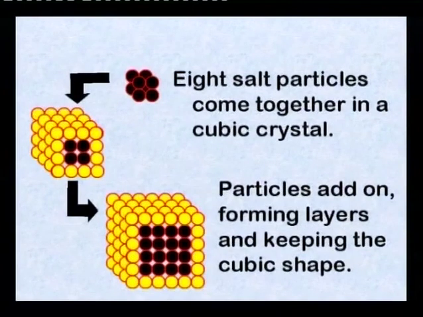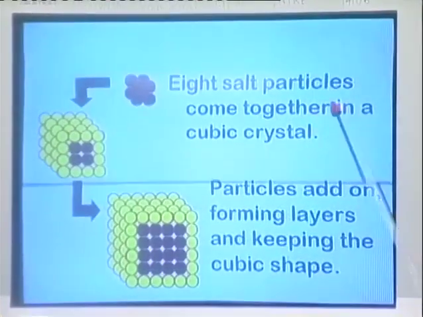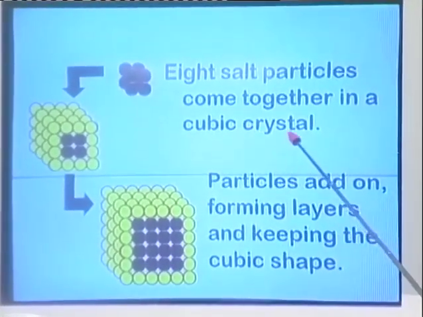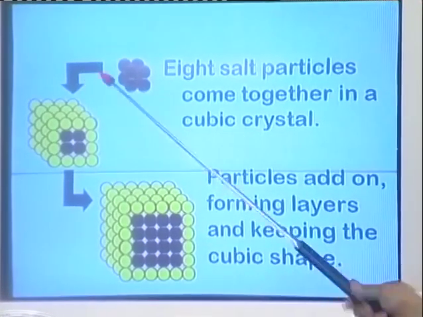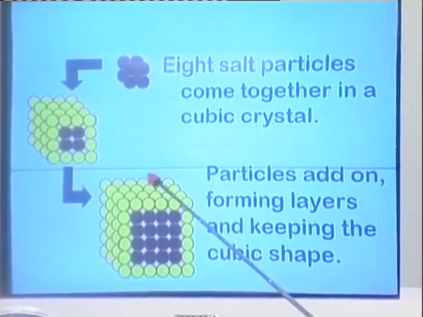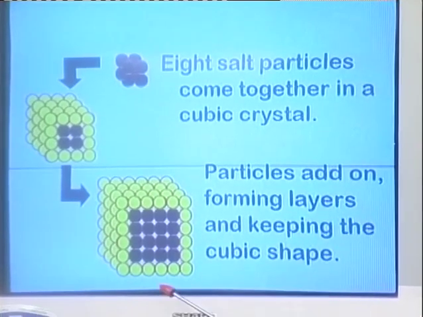When you have a saturated solution, what happens to the particles? The salt particles come together and they form a cubical shape. And as they grow, more particles come together again. They add on, forming layers and keeping the cubic shape.